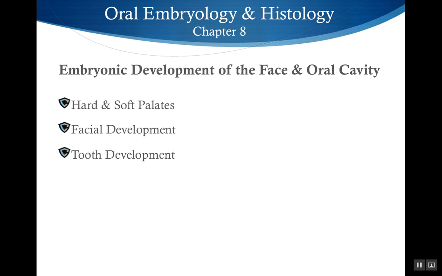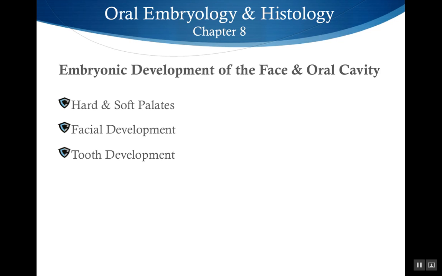Now by 17 weeks, all of the primary teeth are developed, and then the development of the permanent dentition actually begins. So even in utero, the permanent teeth have begun to form. So at birth, there are typically 44 teeth in various stages of development.